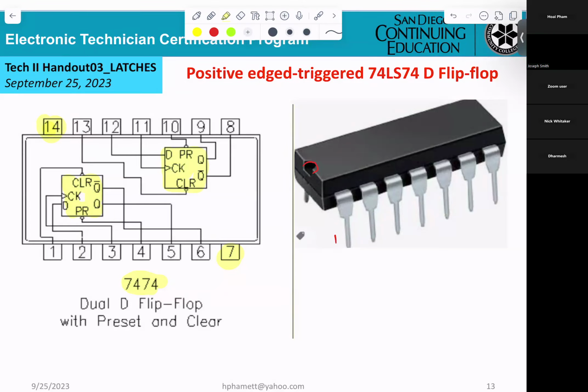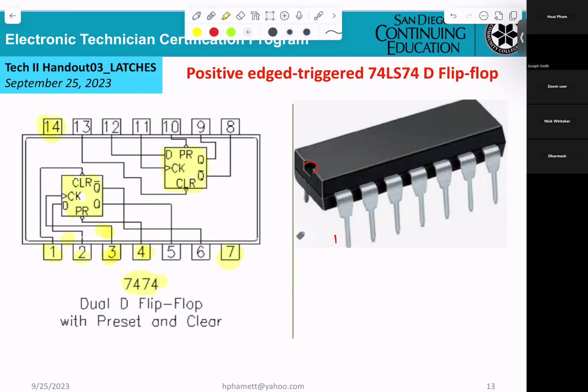If you're looking at the first one, what is pin number 1? Pin number 1 goes to clear. Pin number 2 goes to D input. Pin number 3 goes to clock. Pin number 4 goes to preset.